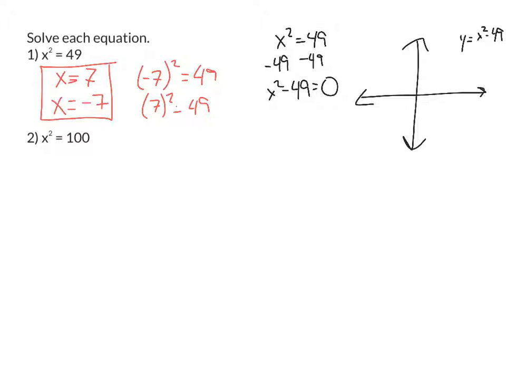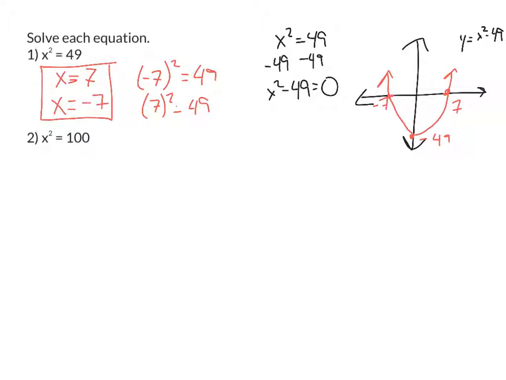And so we'll have a y-intercept way down here of -49, and then my parabola that's coming up, and we would cross at an x value of 7 and -7. So that's how I could solve this by graphing, and you can see how we'd have those two solutions, a 7 and a -7. We're used to having two solutions.